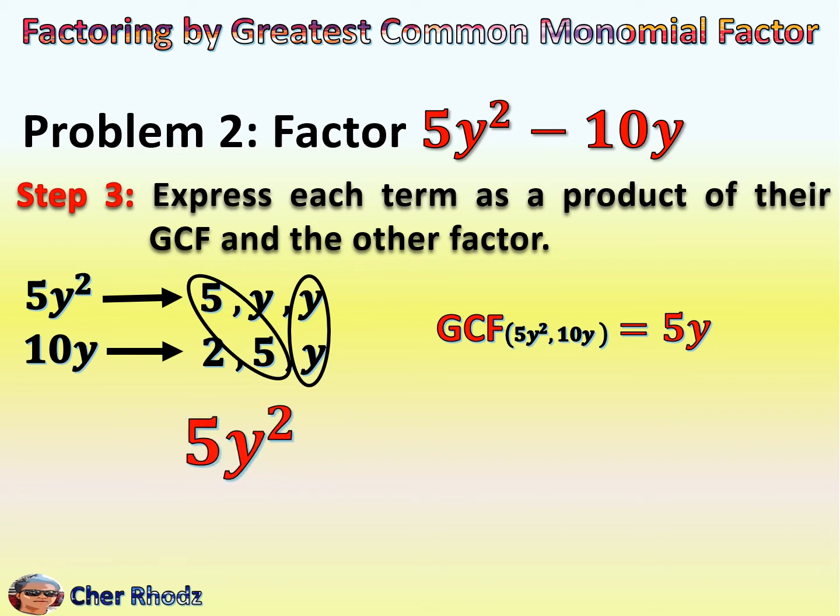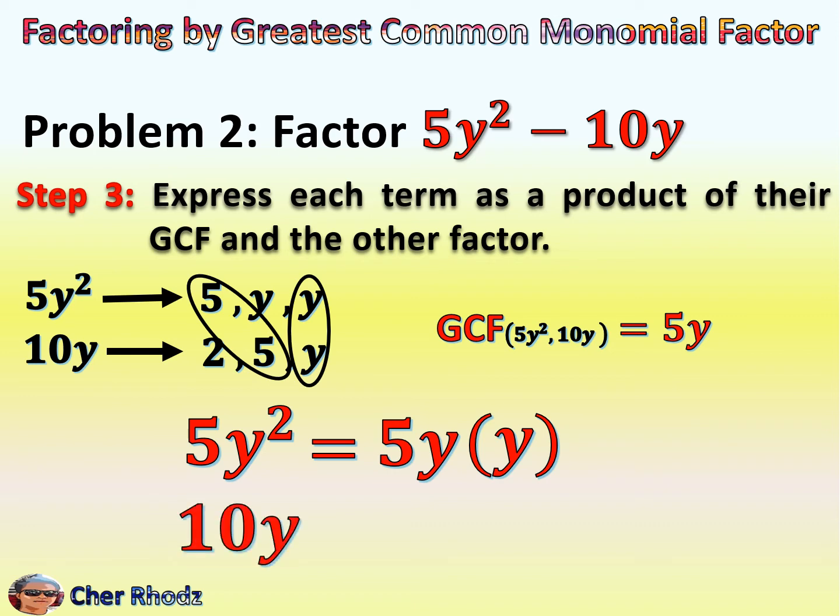So when we write this one as a product of their GCF and the other factor, we write the GCF, which is 5y, and then multiply it by the remaining factor, which is y. So 5y squared is equal to 5y times y.